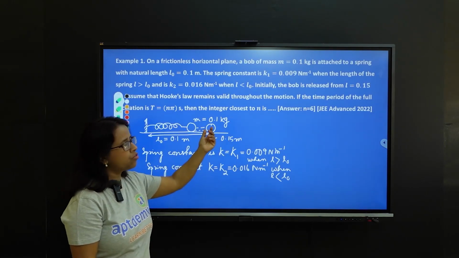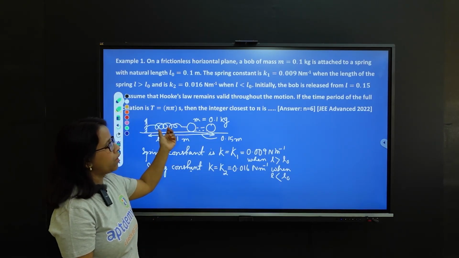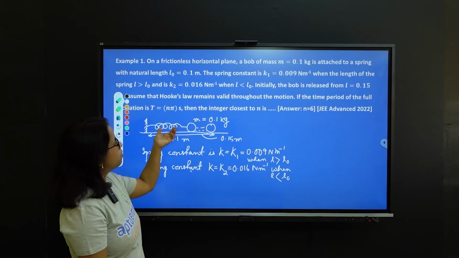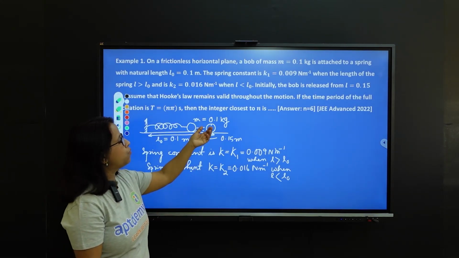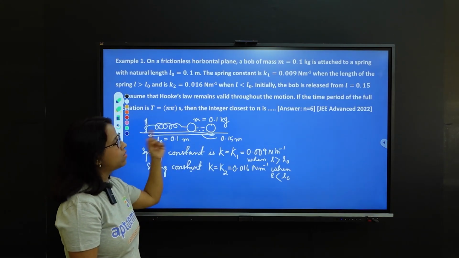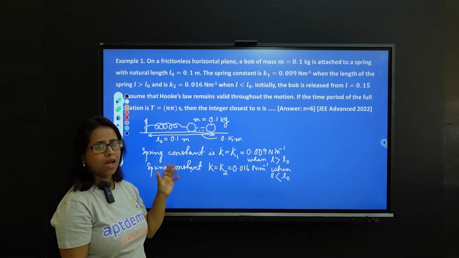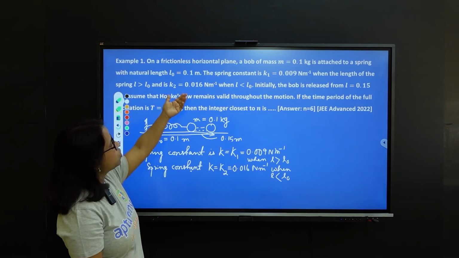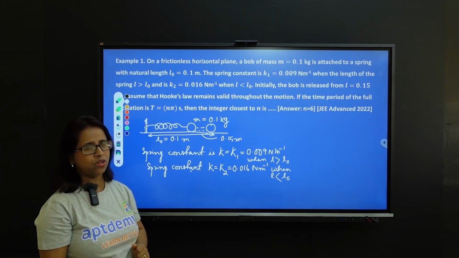During that stretch, the spring had a spring constant equal to K1. And when it was released and started the to and fro motion, then for the remaining half of the time, the spring constant changed to K2. So this is the point which we need to note here.